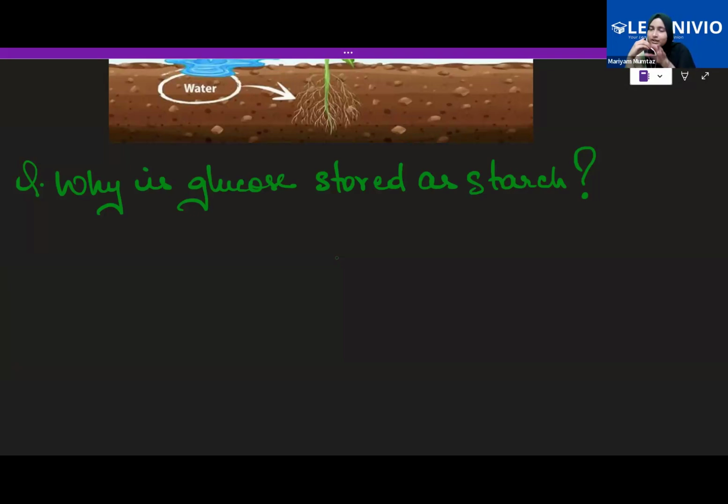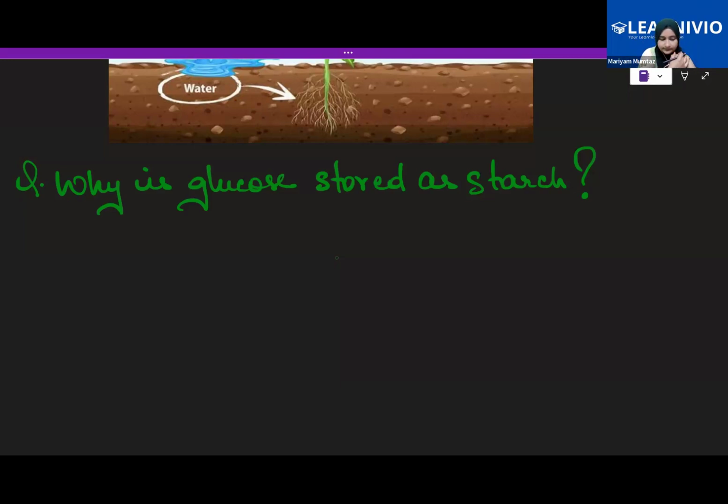However it has been stored, it will always stay like that. Second, it is unreactive. It will not react with any other thing like any oxygen, any CO2. It will not react and form something else. Whereas glucose can react with other molecules and form different molecules. So that is the reason it is a stable compound. It is an insoluble compound. That is why the plant is storing it in the form of starch.